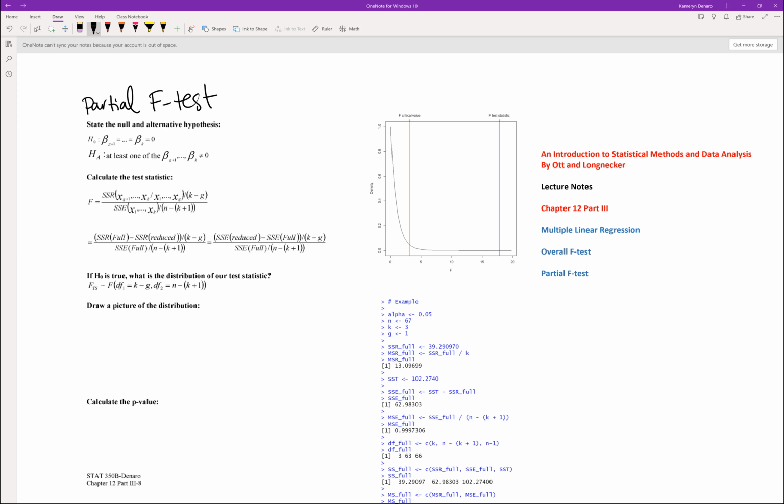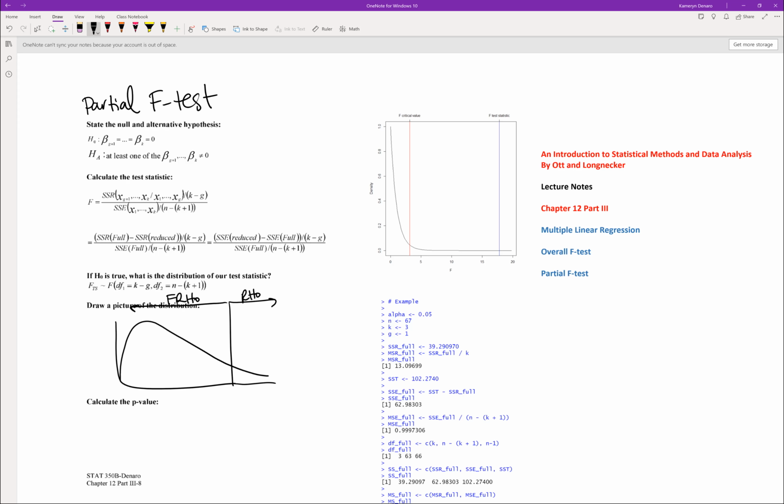So if H0 is true, we know the distribution of our test statistic. It's an F distribution with degrees of freedom 1 equaling k minus g and degrees of freedom 2 equaling n minus (k plus 1). If we draw a picture of the distribution, it's an F distribution, so it looks like it's skewed right. Essentially we can set up our rejection region, reject H0, and our fail to reject region, fail to reject H0.